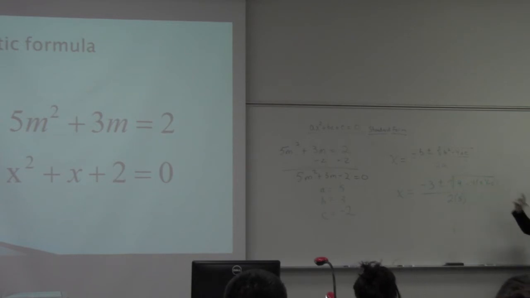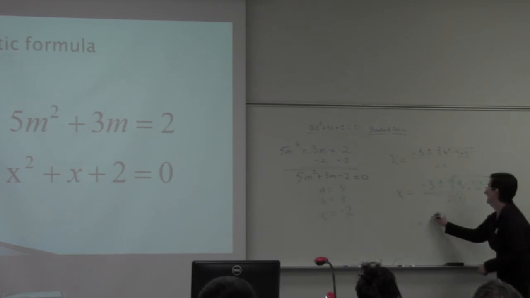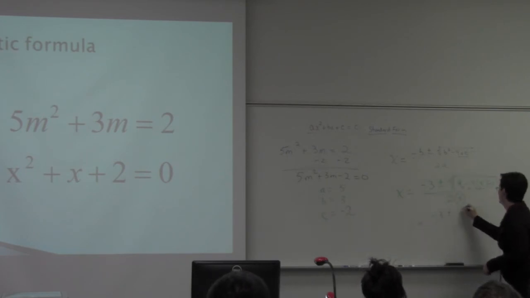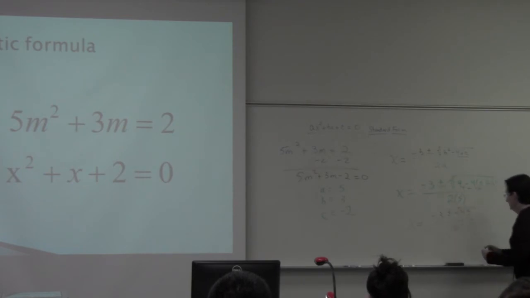A negative times a negative is a positive. So 9 plus 40 gives us what? 49. X equals -3 plus or minus the square root of 49 all over 10.